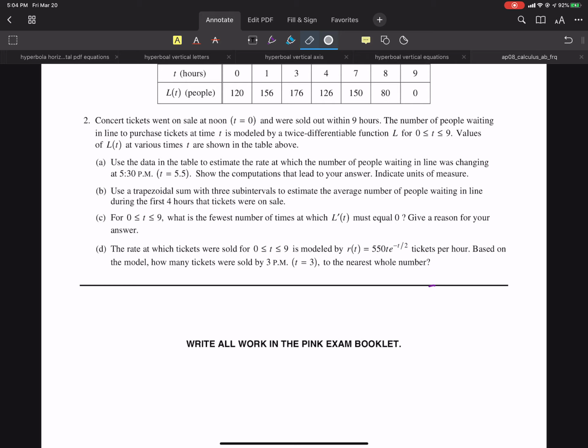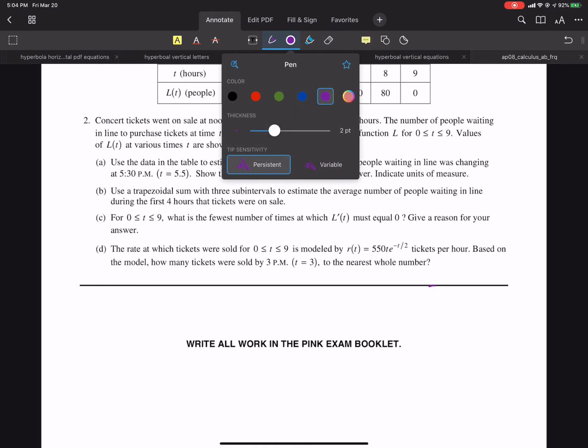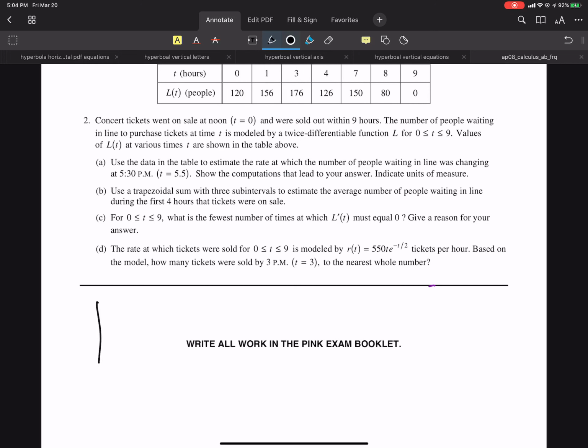So trapezoidal. So quickly, I'm going to remind you of the area of a trapezoid. So if we have a trapezoid like this, we'll call this H1, call it H2, call that the width. The area, you have to know it's 1/2. It's kind of like a triangle, 1/2 base times height.